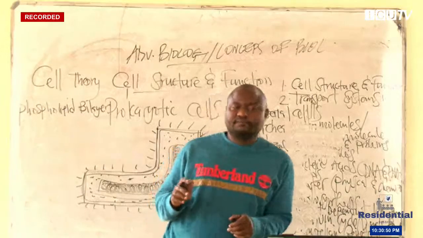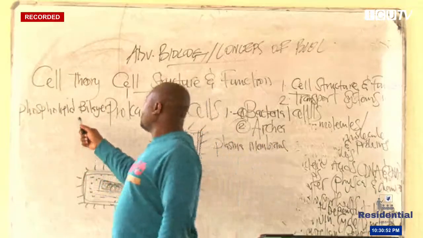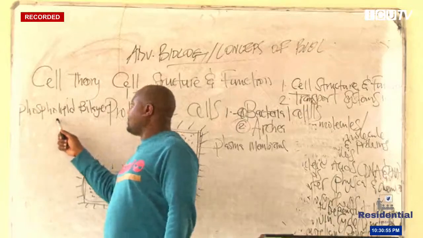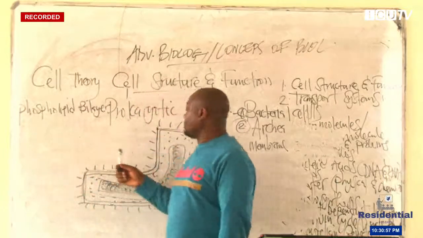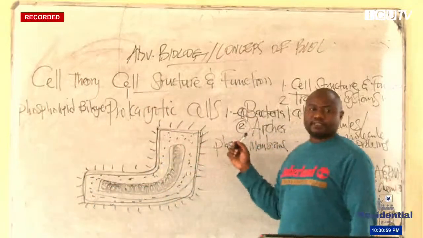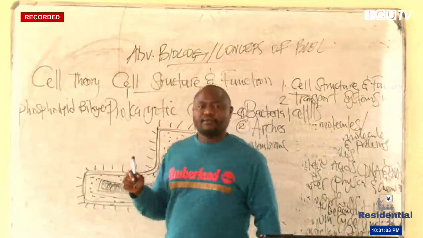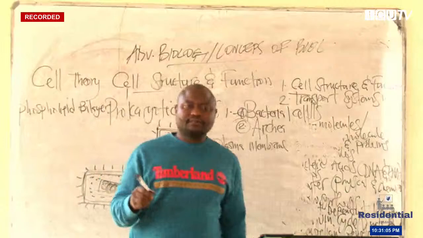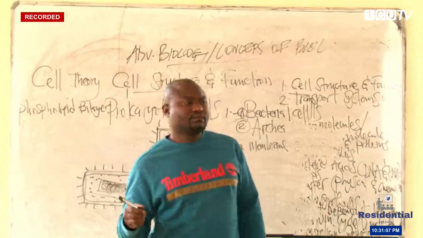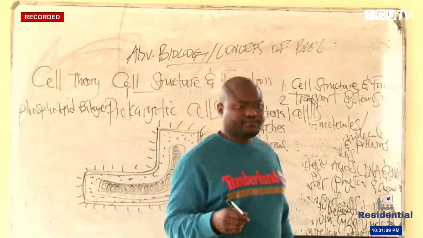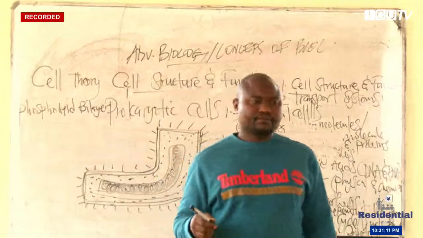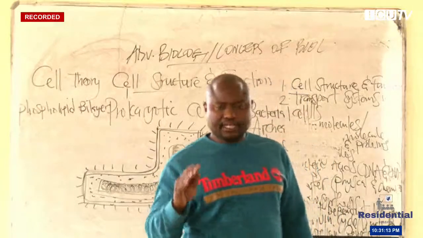So this phospholipid bilayer is the one that actually makes up a plasma membrane. Or in other words, we can say a plasma membrane is made up of a phospholipid bilayer, which we have defined. Are we together? So that is about the plasma membrane.